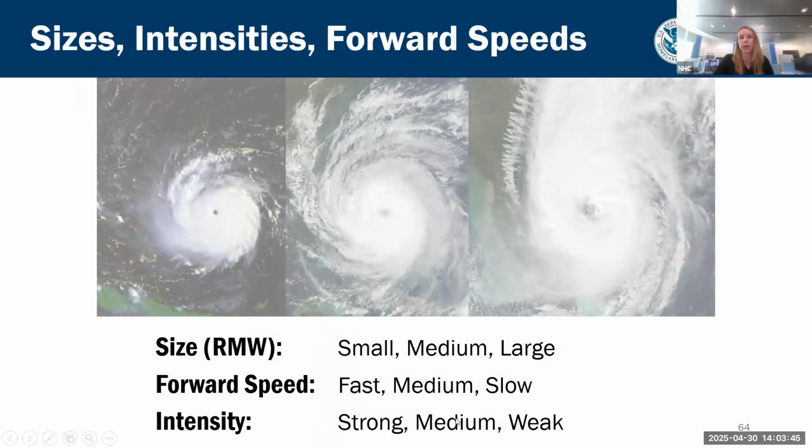We have a stronger and a weaker member as well. So in the end, that ensemble that we create is hundreds of tracks, hundreds of potential storms that could hit the coastline. We run that through the probabilistic storm surge model, and we are able to get results within an hour of those hundreds of realizations and composite them to create our probabilistic answer.